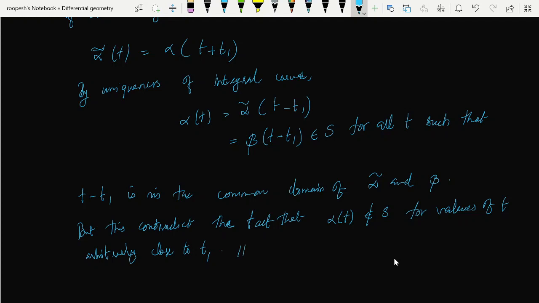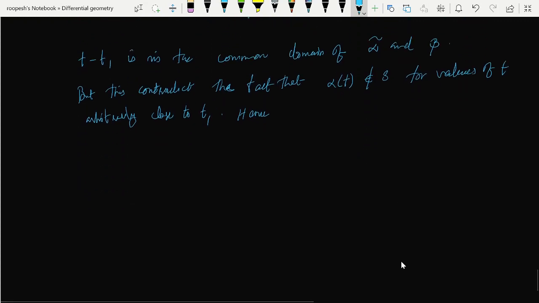Hence, what we can conclude is that alpha of t belongs to S for all t belongs to I with the condition t greater than t naught.